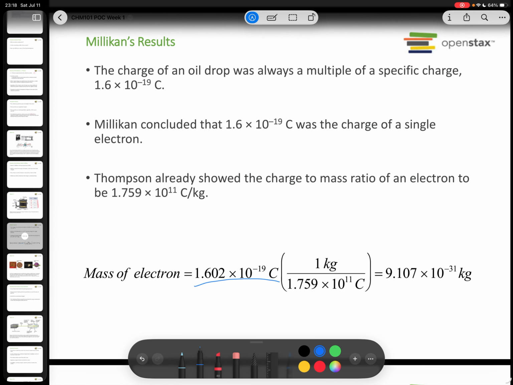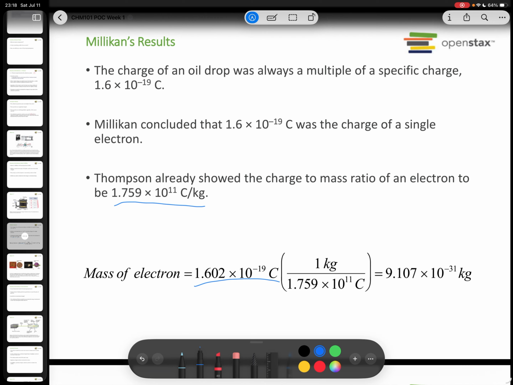So, tapos, Thomson had already measured the electron charge to mass ratio, di ba? Sa previous niya. So, nauna niya makuha yun. So, yung value nun is 1.759 times 10 to the 11 coulombs per kilogram.